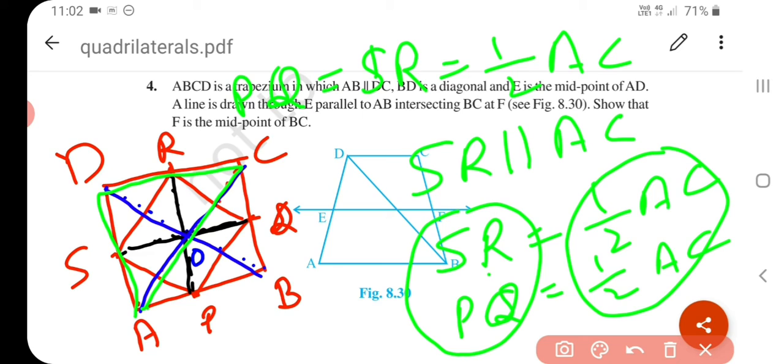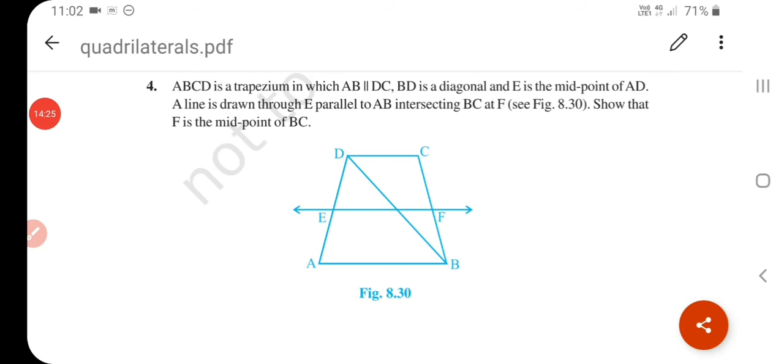Now we know that diagonals of a rhombus bisect each other. Our second question, it's given ABCD is a rhombus, and we know that the diagonals of a rhombus bisect each other at right angle.